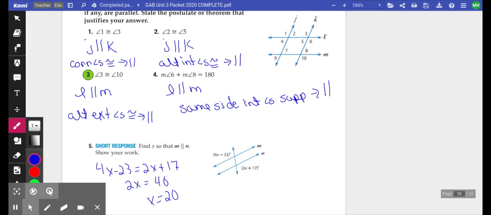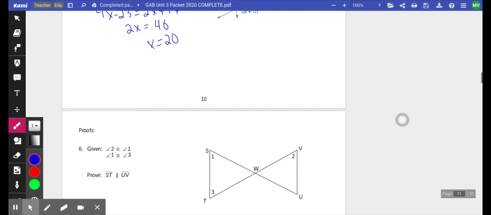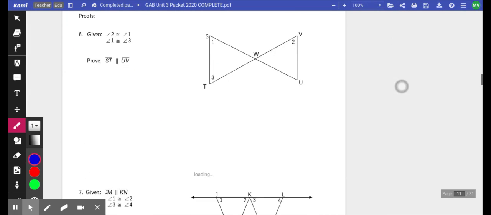And last but not least, number 4, L and M, because same side interior angles are supplementary, implies the lines are parallel. Number 5, in order for M and N to be parallel, those two angles have to be congruent. Therefore, X equals 20.